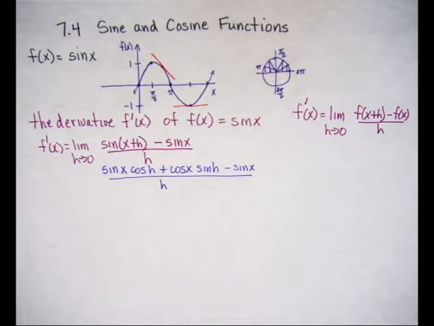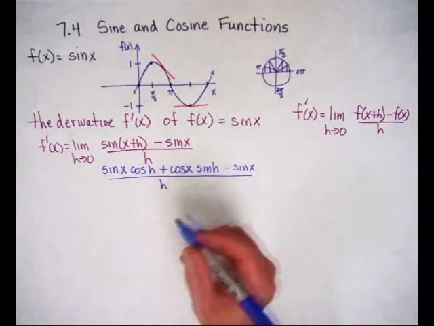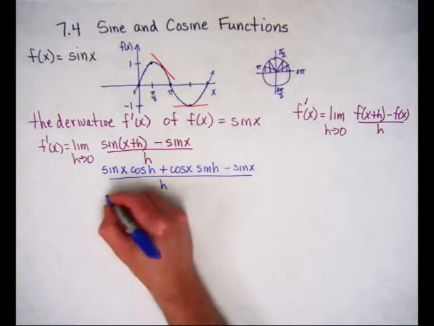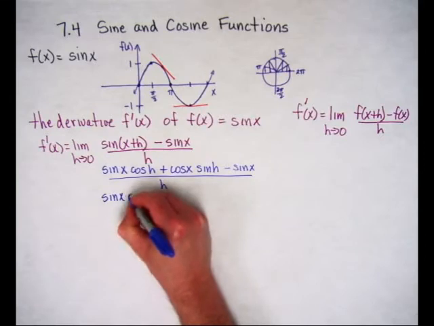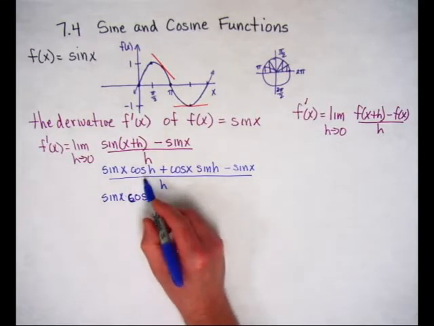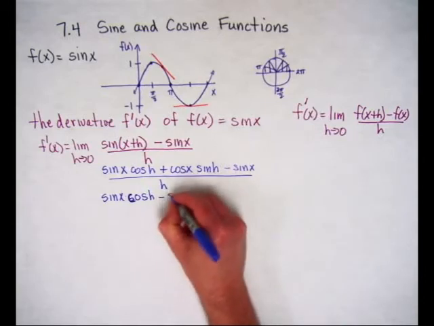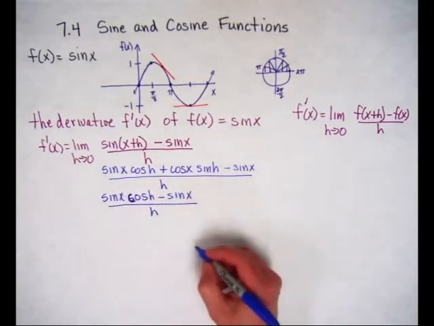This limit is still indeterminate, so we're just going to do some rearranging. I'm going to put all the terms together in the following way. I'm going to take this sine x cos h, this term right here, and combine it with the last term, the minus sine x, and that's all being divided by h.